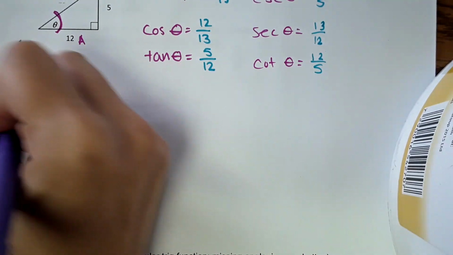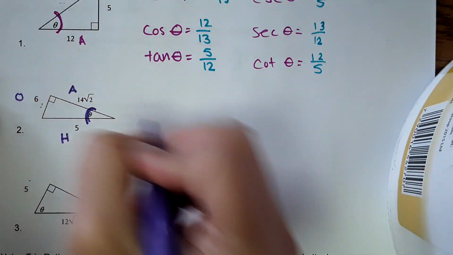There's our theta, so we have opposite, adjacent, and hypotenuse.